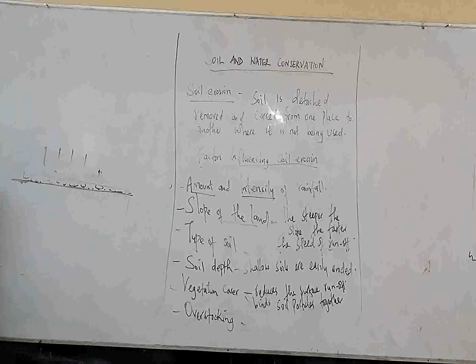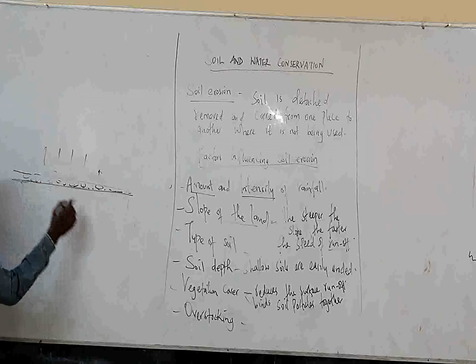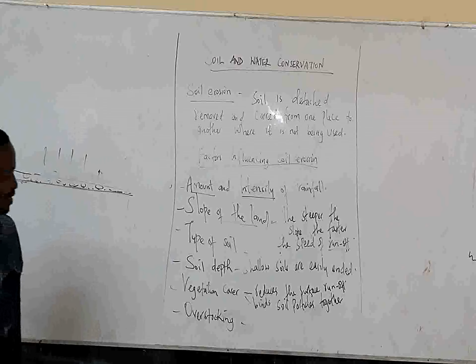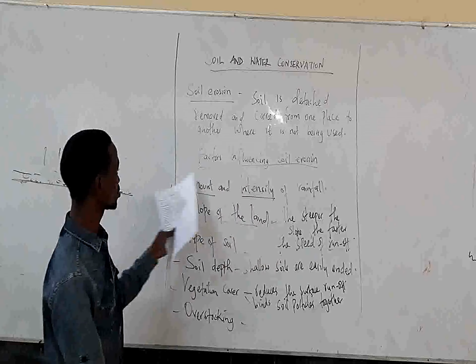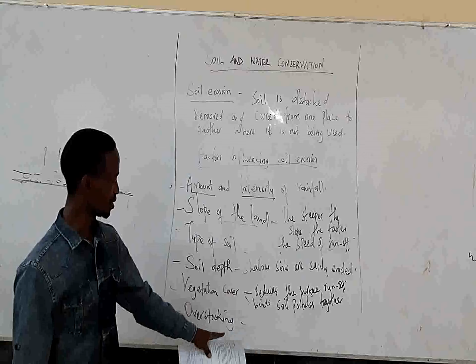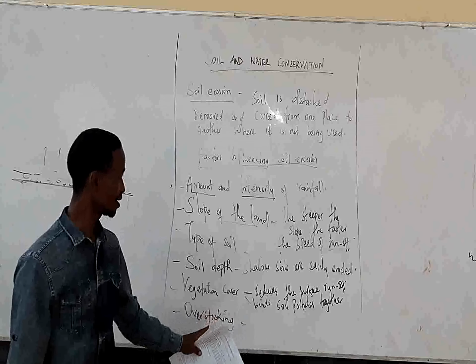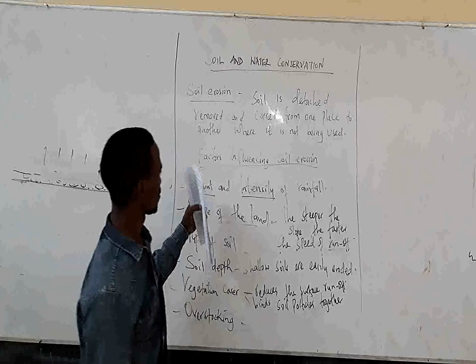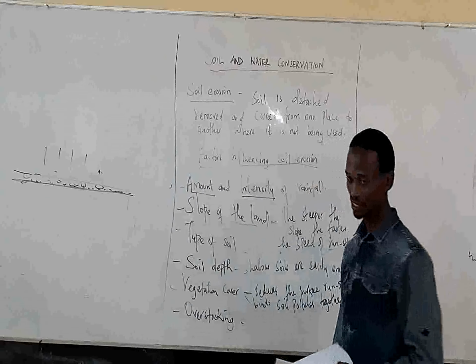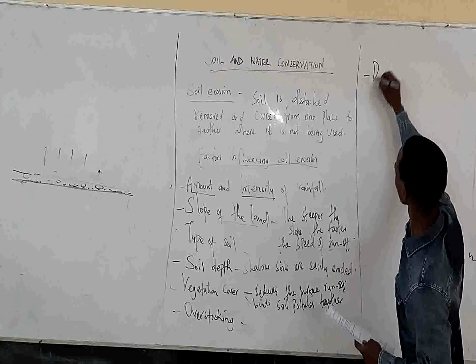And in case of wind, the detached topsoil is going to be blown easily by the wind, leading to soil erosion. Thus overstocking, rearing so many animals in a small area, is a factor which influences soil erosion.